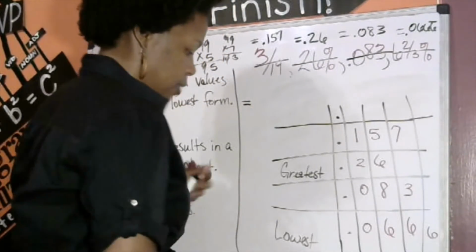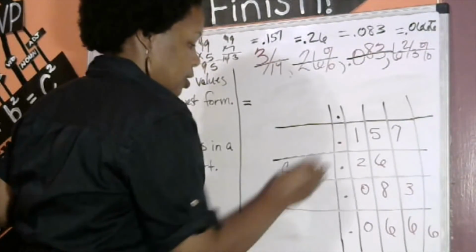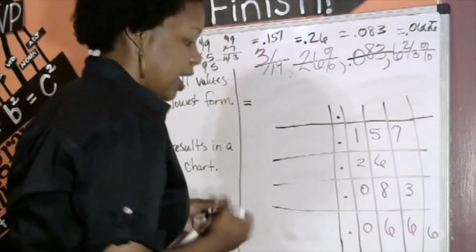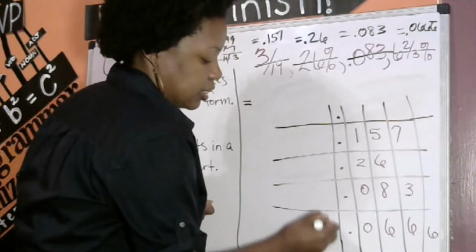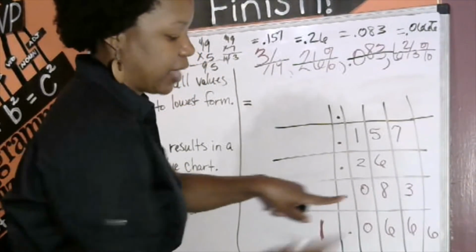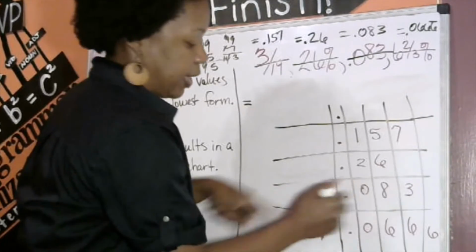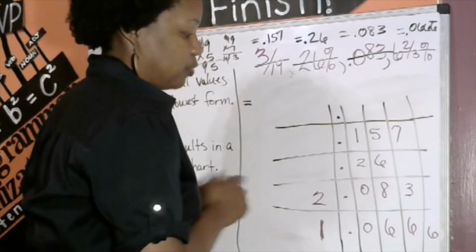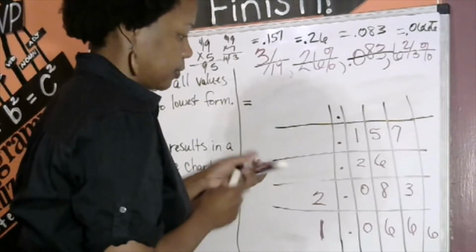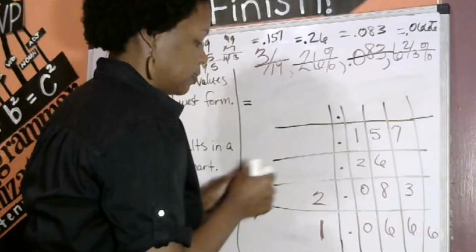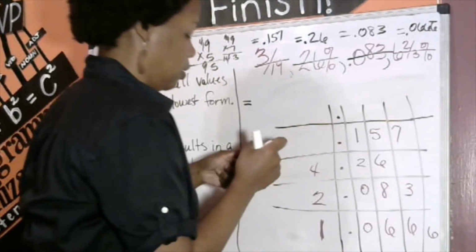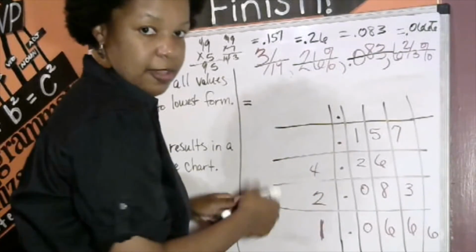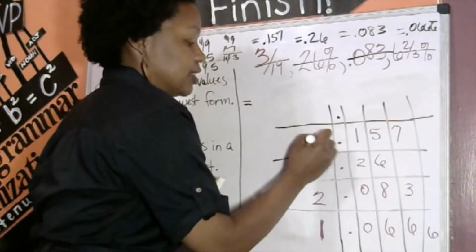And so, let me erase these quick. Okay, so if we're ranking these from lowest to highest, this would be 1 because it's the lowest. We have another 0.0 here, 0.08. This is going to be the second. We said this is the highest because we have 0.2 here. So, oops, my bad. 4. And now we have this 0.157. So this is number 3.